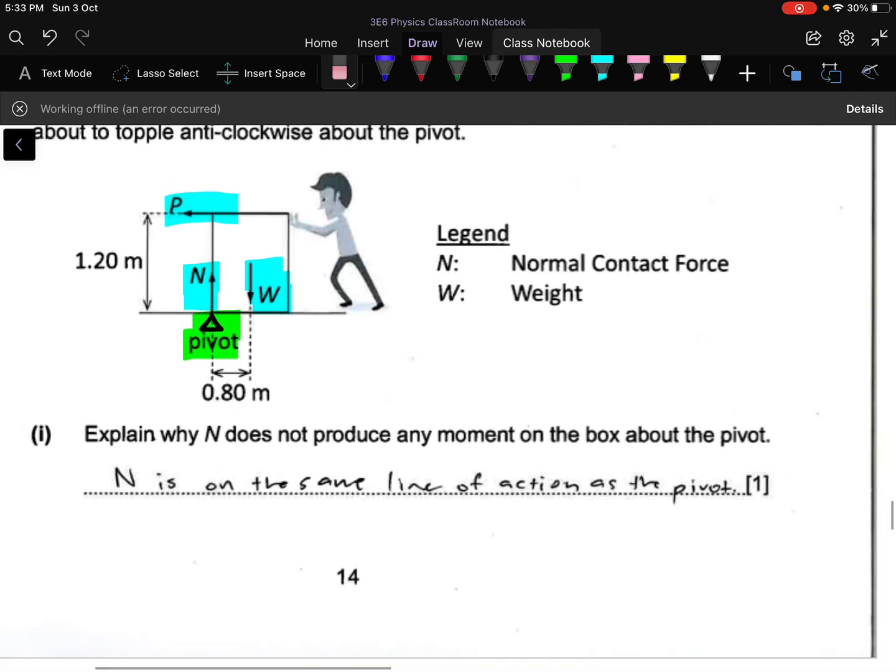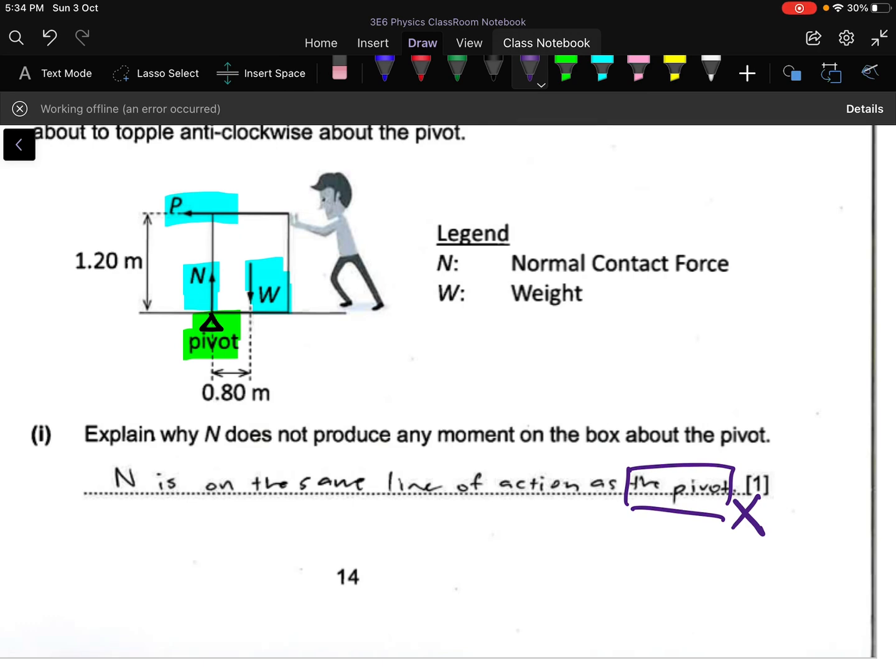So anyway, explain why N does not produce any moment on the box. N is on the same line of action as the pivot. Yeah, you got everything correct, but the phrasing wrong. So you should say that the pivot is a point, you see. So a point can be on the line.